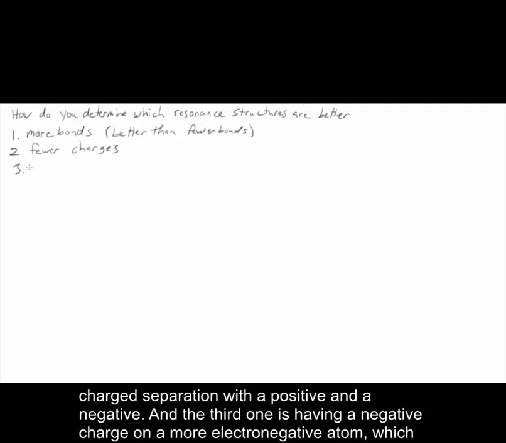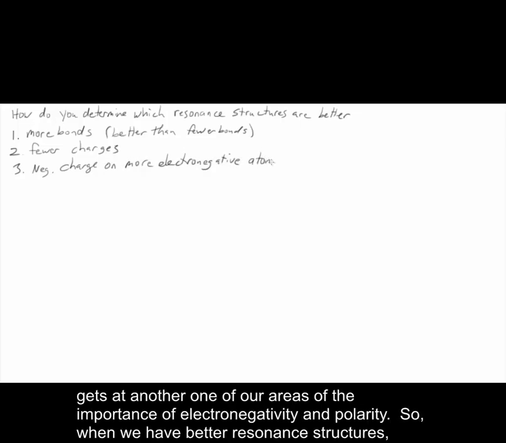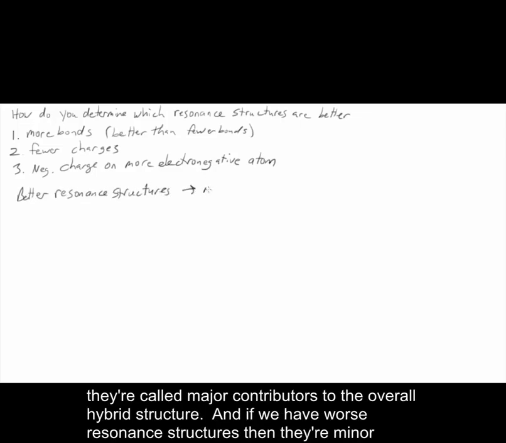And the third one is having a negative charge on a more electronegative atom. Which gets at another one of our areas of the importance of electronegativity and polarity. So when we have better resonance structures, they're called major contributors to the overall hybrid structure.